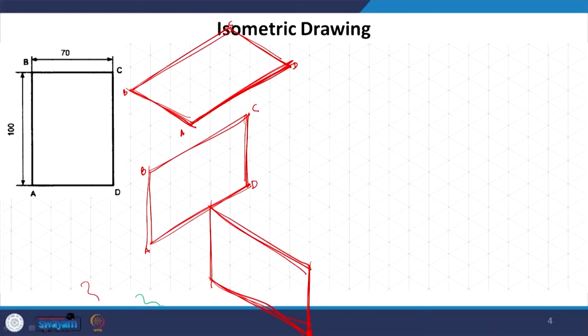Now, again, suppose we are inclining it by 45 degrees. What we will do is actually make the orthographic projection first. If this rectangle is kept in such a way that it is perpendicular to VP, but makes a certain angle with the horizontal plane, I am just drawing an orthographic projection here.